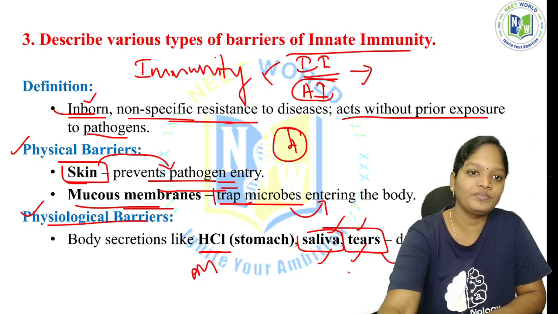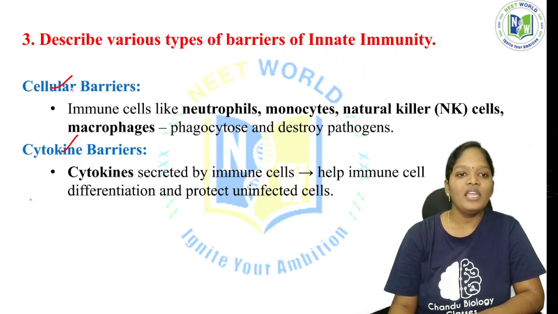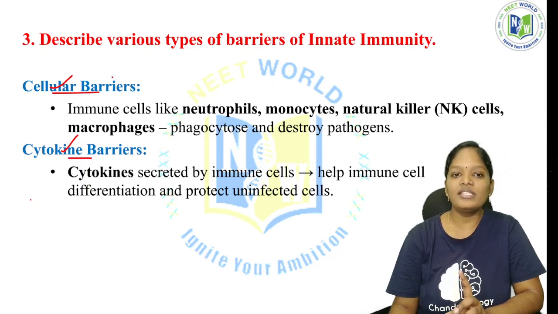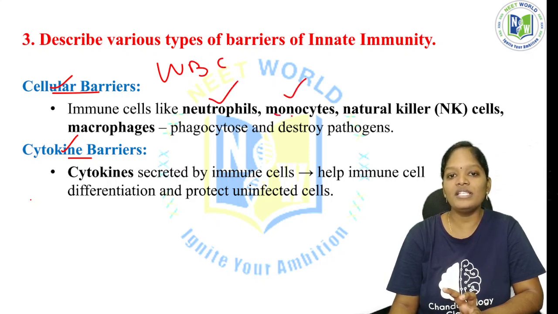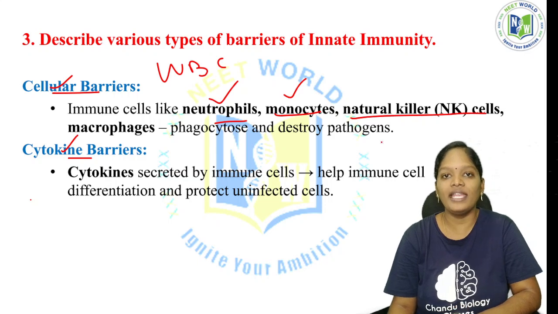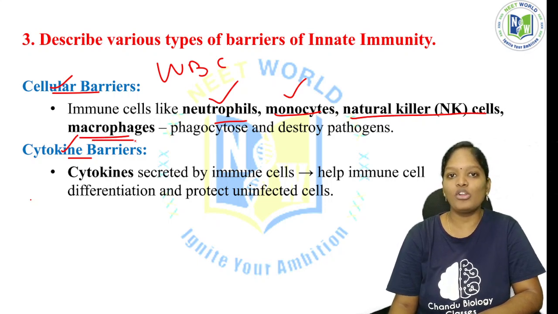Now, the cellular barriers. Here we have immune cells, that is, WBCs. In the WBCs we have neutrophils and monocytes, and also NK cells, that is natural killer cells, and macrophages.